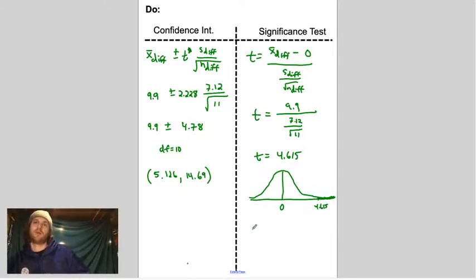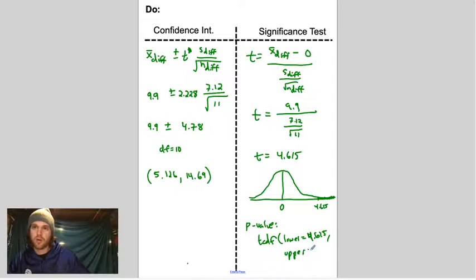And over here what we're going to use is tcdf, to find our p-value, because that's what this area represents. So our p-value is tcdf with lower equal to 4.615, comma, upper equal to 1000, comma, df equals 10.